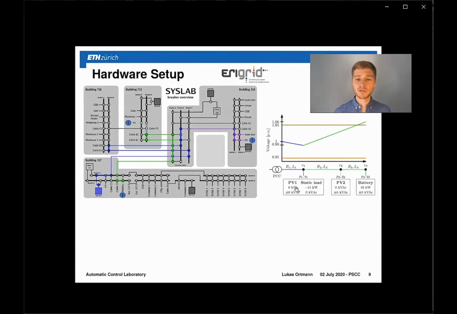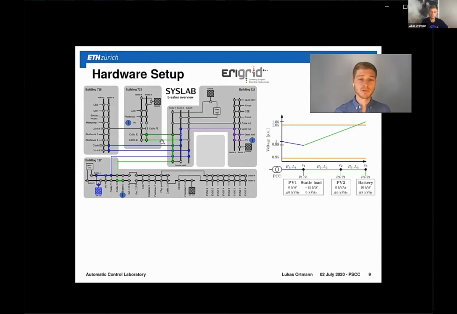So an electric vehicle that we build from a PV inverter and a static load, some PV inverter here that we use to use its reactive power capabilities, and a battery in the end. We use the battery and not a wind park or a solar farm, because then we could repeat the experiments always with the same active power. So marked here with these eyes are the inverters that we used.